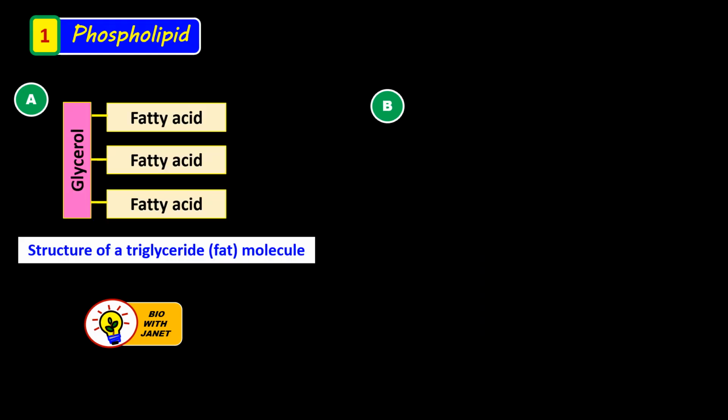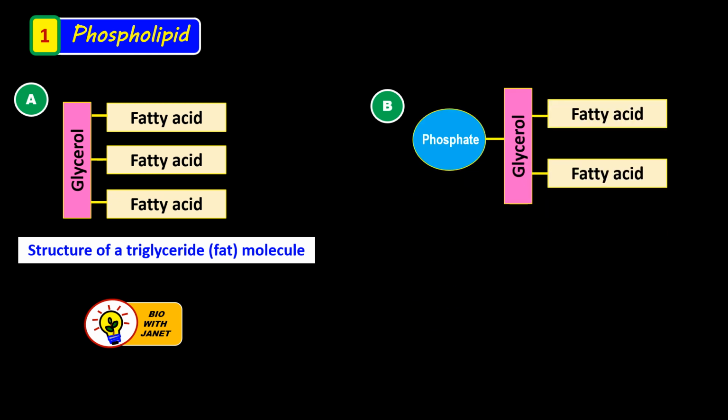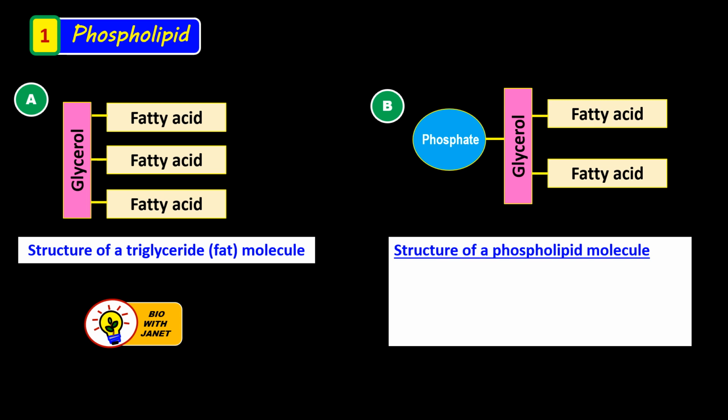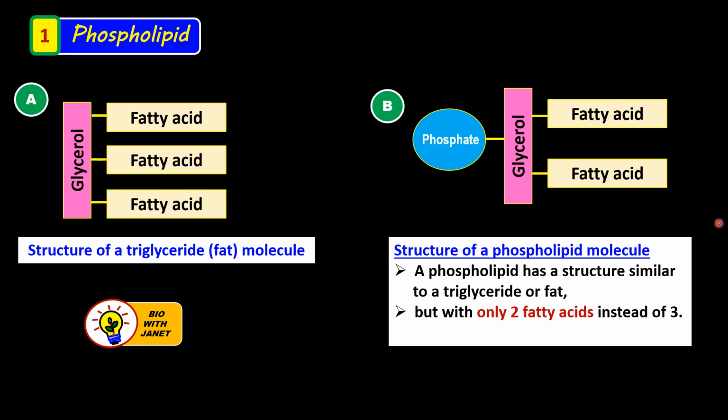So looking at the structure of the triglyceride or fat molecule and comparing it with the phospholipid molecule, they are quite alike, except that a phospholipid has a structure similar to a triglyceride or fat, but with only two fatty acids instead of three, right? So for triglycerides, there are three fatty acids.